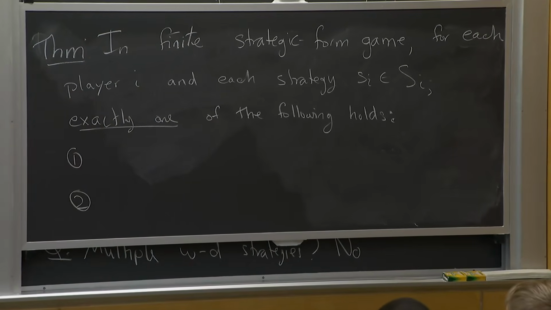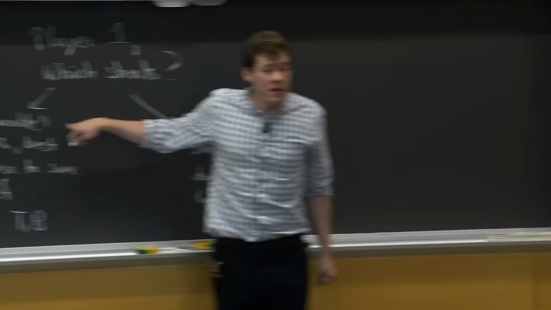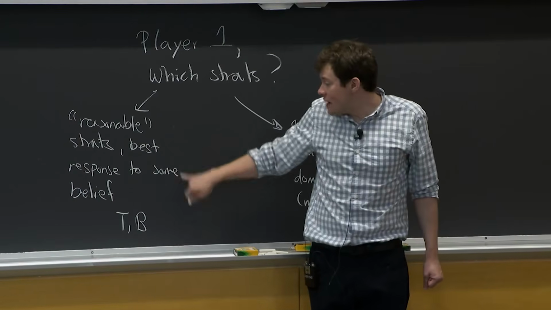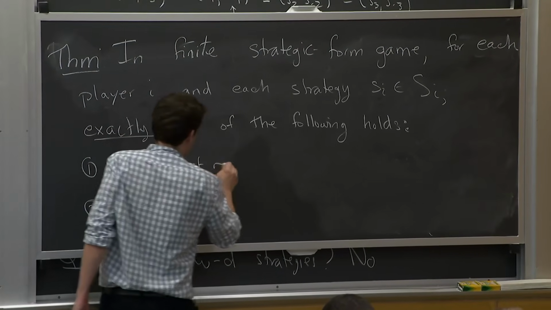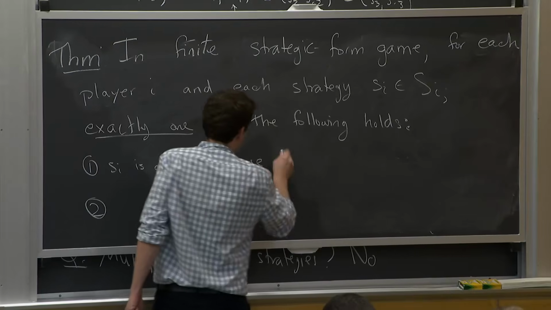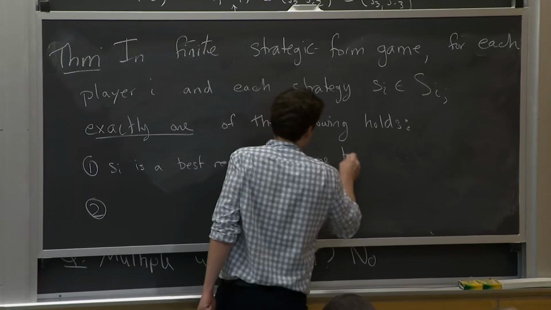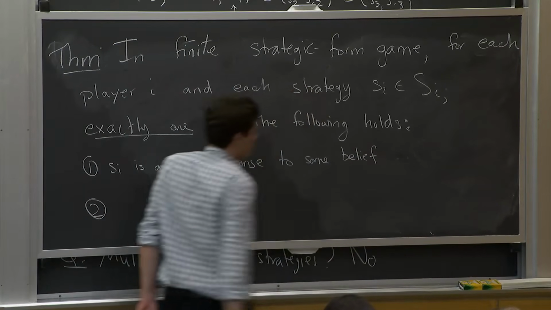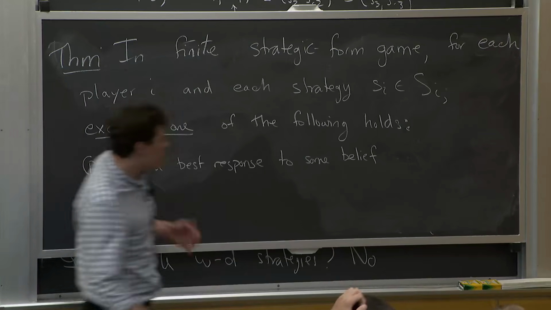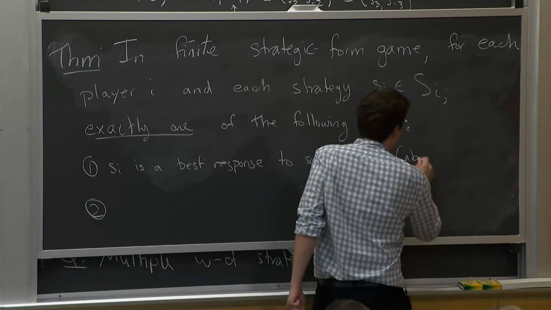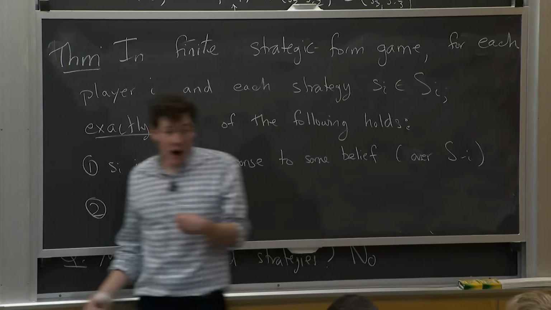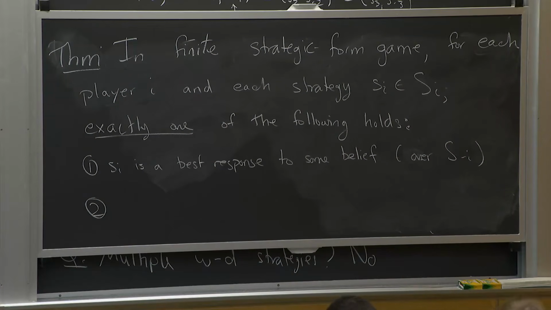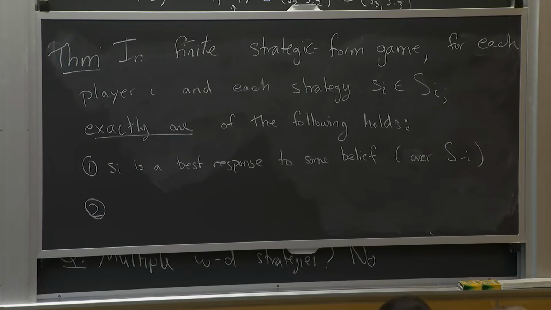One is that this strategy s_i is reasonable in this sense, meaning what? s_i is a best response to some belief. And when I say belief, what is that a belief about? It's a belief over S_{-i}. Let's remind ourselves, when player i forms beliefs, they form beliefs over the strategy profiles of the other players.